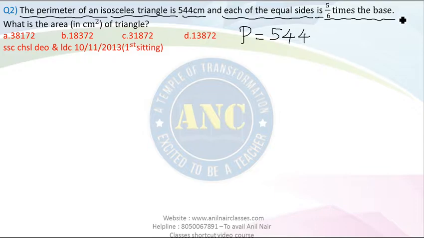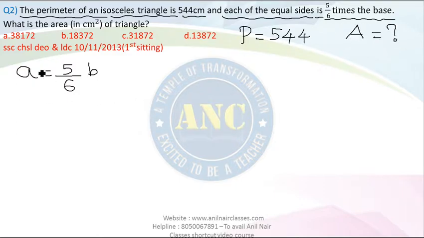Base in this case is represented as small letter b in our diagram. That means perimeter is 544 and each equal side A is 5 by 6 times its base B. What is the area of the triangle?